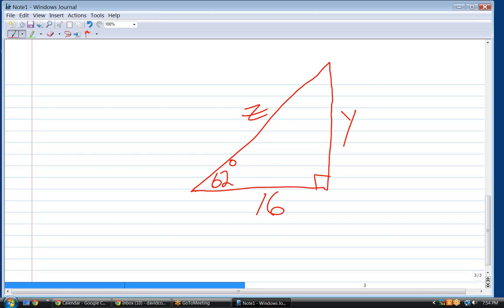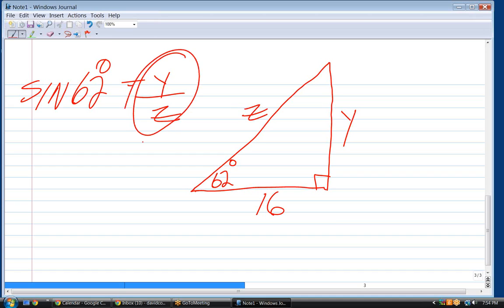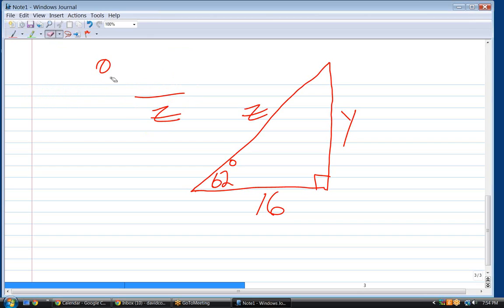What trig function will relate y to a number? It's not going to do us any good if we say the sine of 62 degrees equals y over z. That leaves us with two variables. We wouldn't be able to solve for either one of them. So we want to make sure we use a trig function that relates one of the known numbers that we have, 16, with y, or 16 with z.